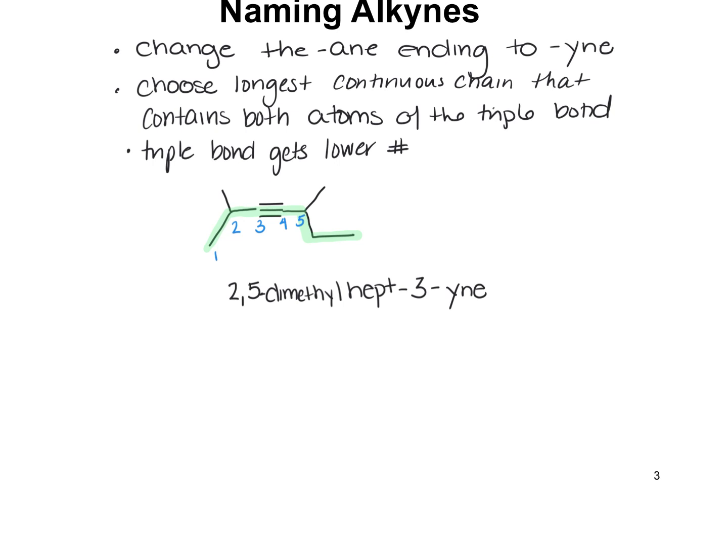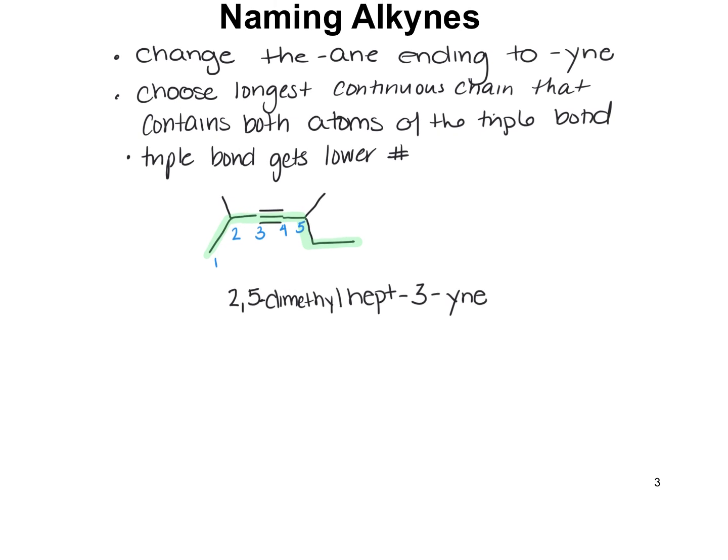a few other things to be aware of. One is the smallest triple bond molecule that you can see here, which is ethyne, which is also known by its common name, acetylene.